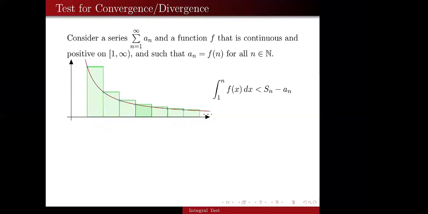But this time, the integral from 1 up to N of f of x dx will be less than S sub N minus N. Correct? Again, this is 1, this is 2, this is your N. So this is your A sub N here. Okay?